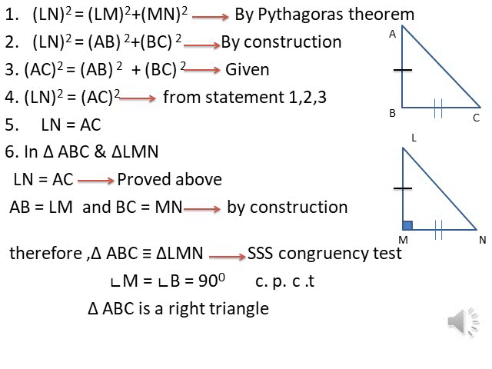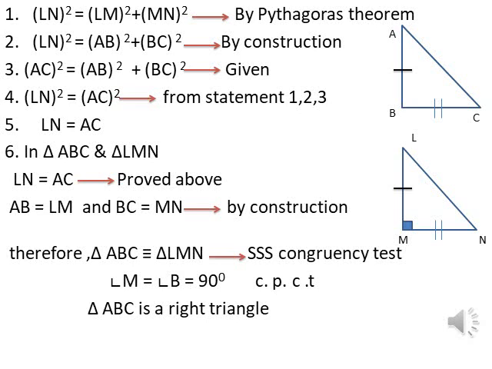So PCG means by Pythagoras, by construction and by given. Pythagoras we applied for the newly constructed triangle. As per the construction, LM we replaced by AB and MN we replaced by BC. Then AC square is equal to AB square plus BC square; this statement is already given in the problem.